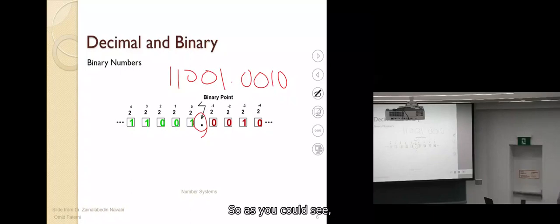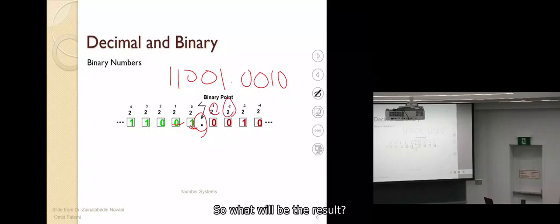Okay. So as you could see, the first digit at the left of the point is weighted by 2 to the 0. The next one will be weighted by 2 to the 1, and then 2 to the 2, 2 to the 3, and 2 to the 4. And at the right side, 2 to the minus 1, 2 to the minus 2, and so on.